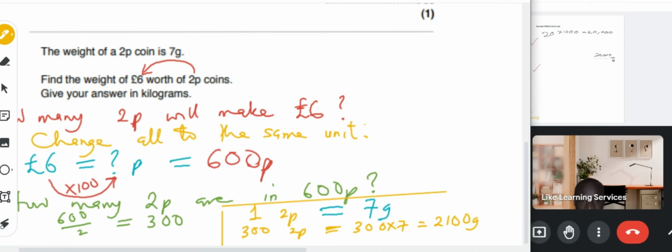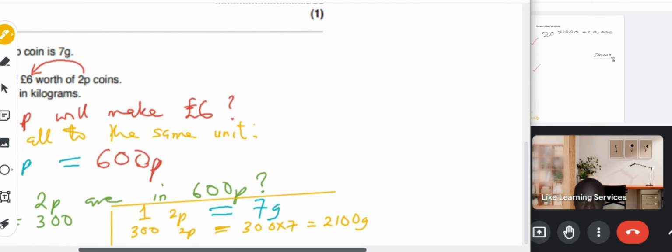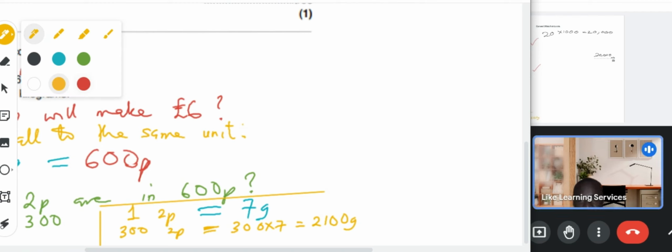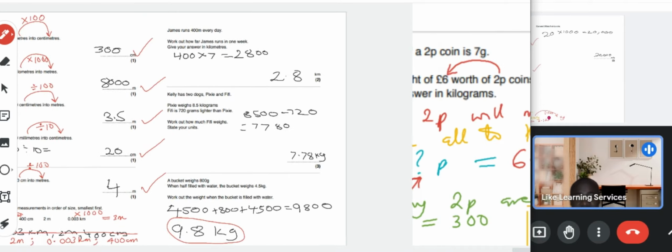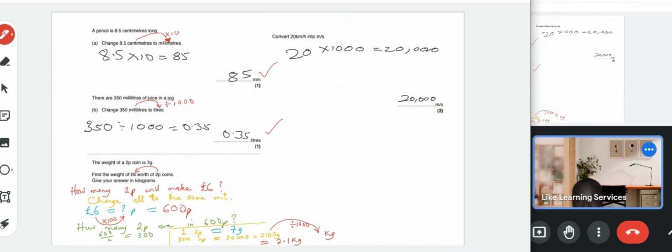To change grams to kilogram, you divide by 1,000, which is equal to 2.1 kilograms, which is the final answer. I think that's clear.